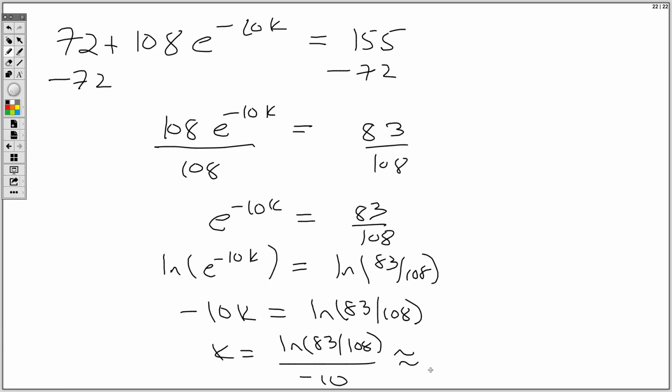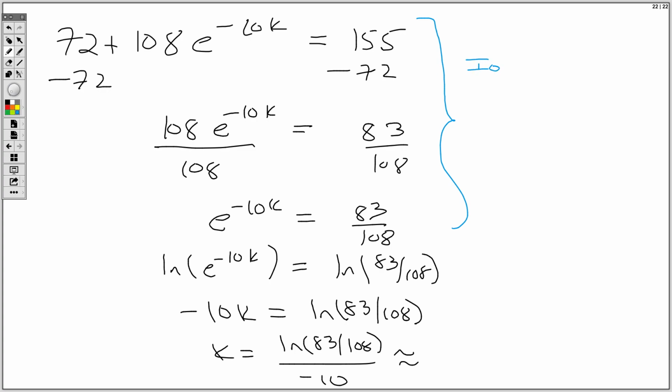And once again, we're heading off to Desmos here to get a decimal approximation. So you can see here it's the same process we did last Thursday.